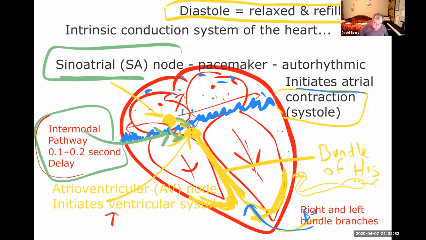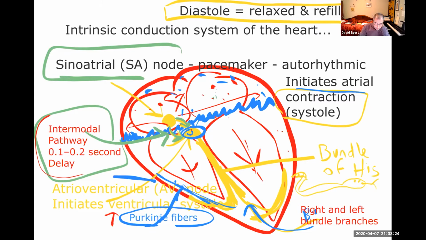And then just continuing up into becoming these Purkinje fibers. So Purkinje fibers are basically as it goes on. So basically you have the AV node.